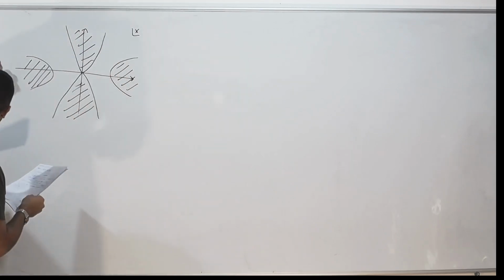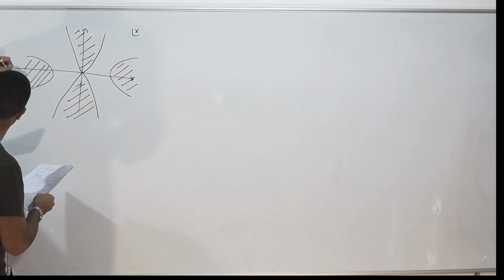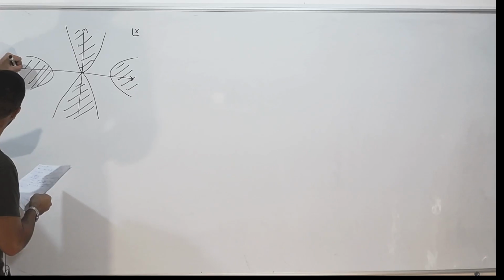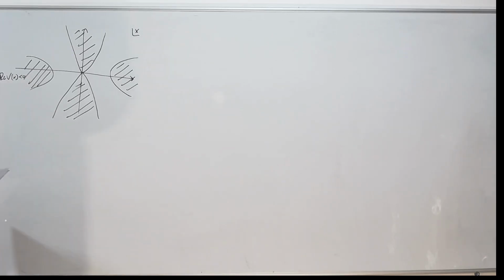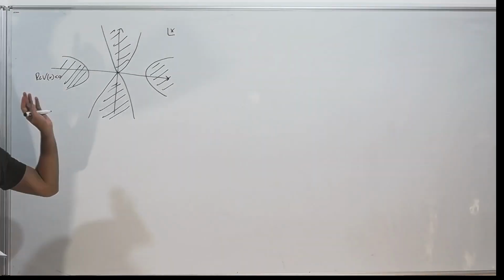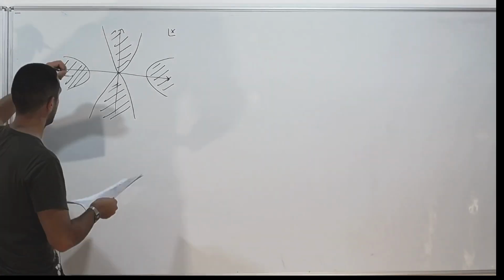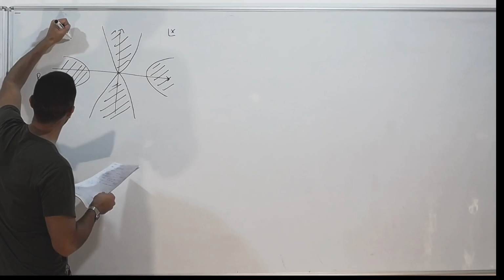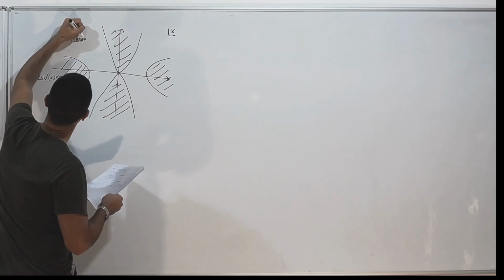So the real part of V of x smaller than 0 means they are not allowed for us. We cannot go to infinity along those regions. And the rest is real part of V of x greater than 0.